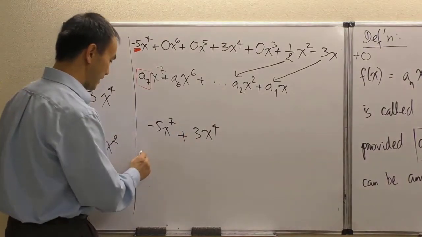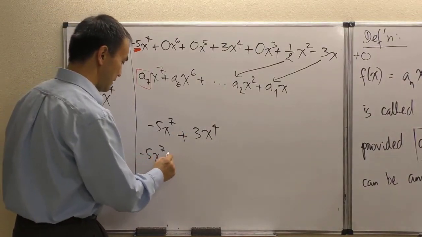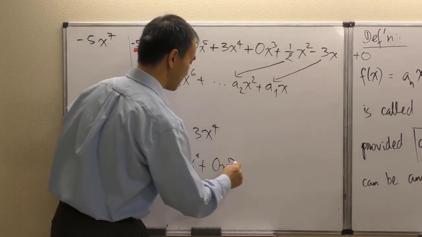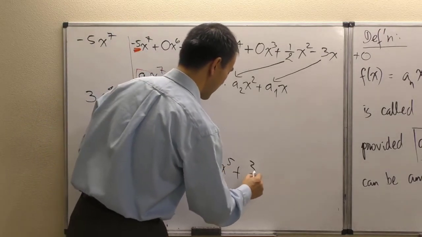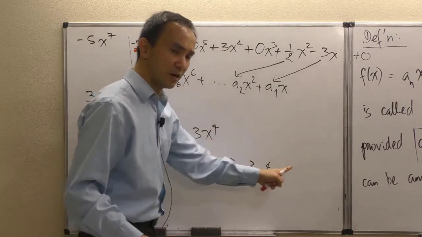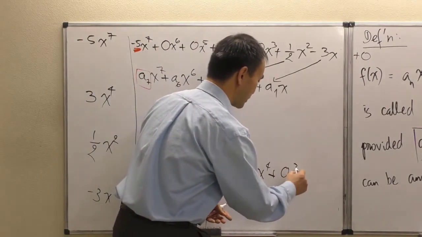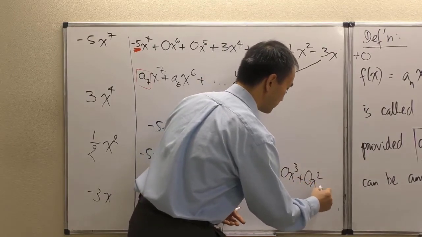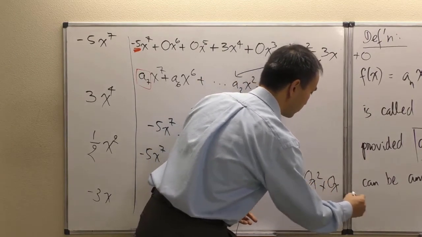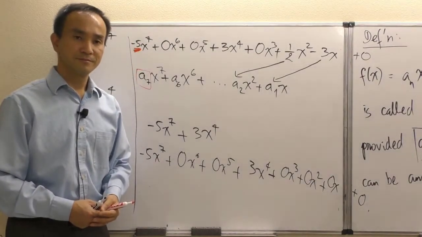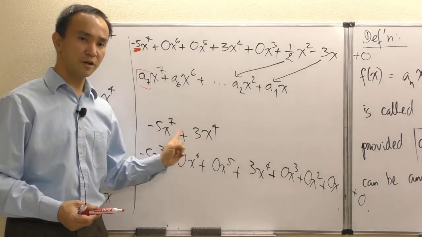This is the same as minus 5x to the 7 plus 0x to the 6 plus 0x to the 5th, plus 3x to the 4th. And then we don't see anything else after that. It means all 0. So plus 0x cubed plus 0x squared plus 0x plus 0 for the constant term. But surprisingly, it's only a polynomial of 2 terms.